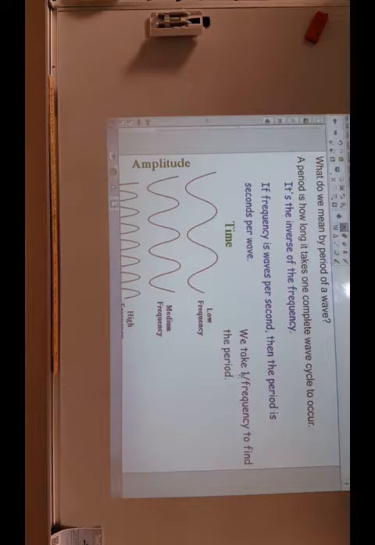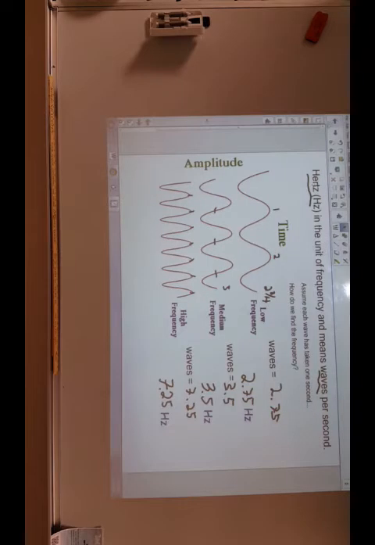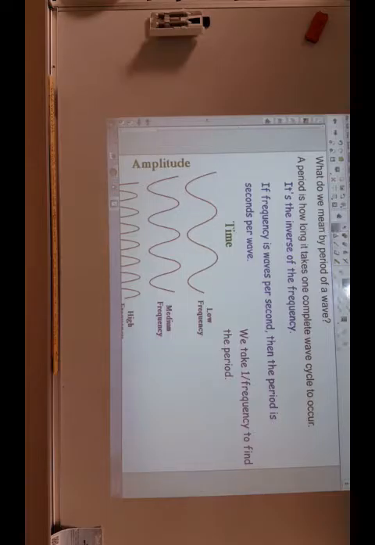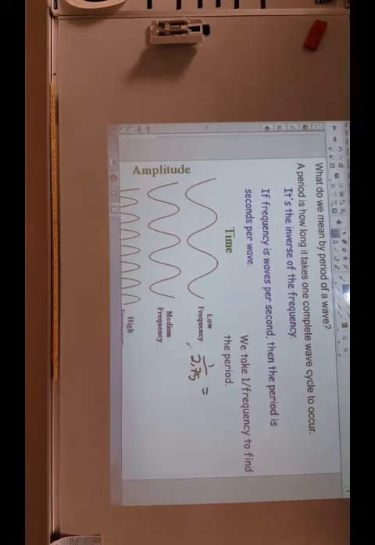This is actually just a little bit of math. You're going to take 1 divided by frequency. In this case, we knew the frequency for the first one was 2.75 hertz. So the period would be 1 divided by 2.75, which equals 0.36.